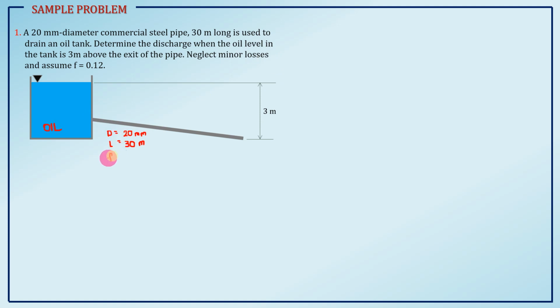And then, we have a friction factor of 0.12. As we said earlier, when we're dealing with a reservoir connected to a pipeline and then discharging, we can use the Bernoulli's energy equation. So, to determine the flow rate discharged from our pipeline, we will be using the Bernoulli's energy equation. Let's call it BEE.